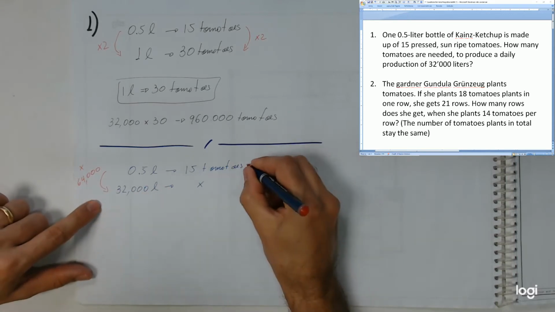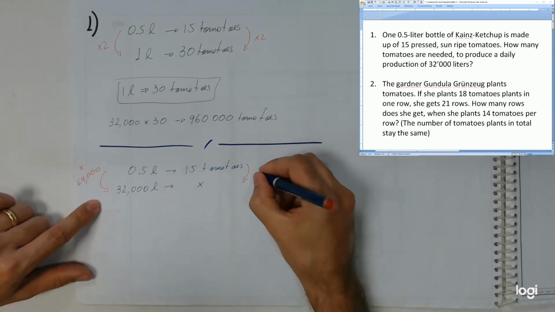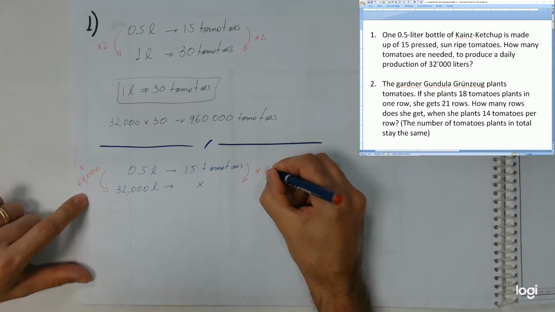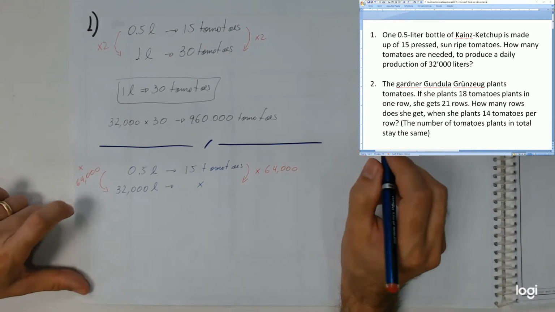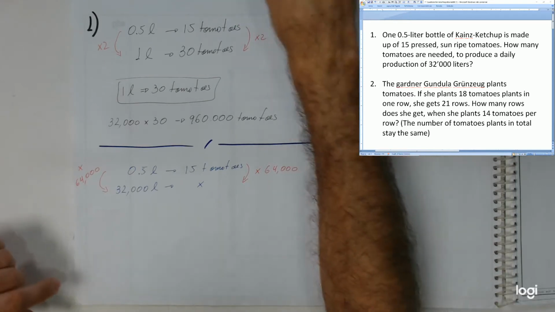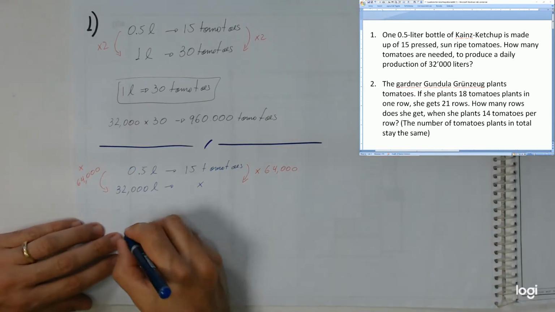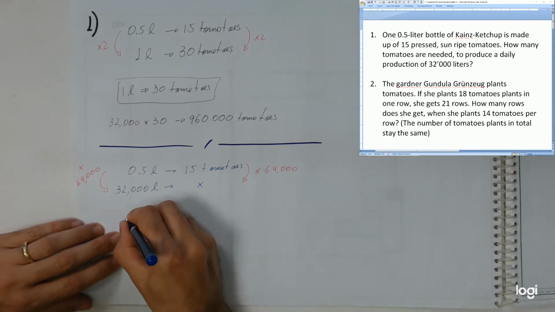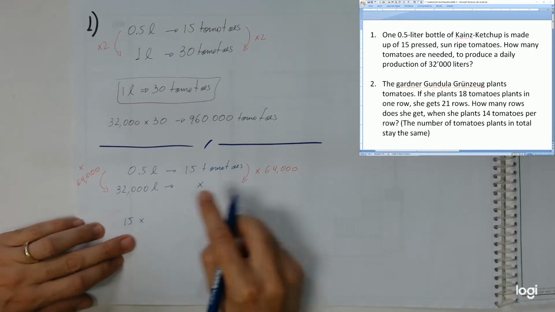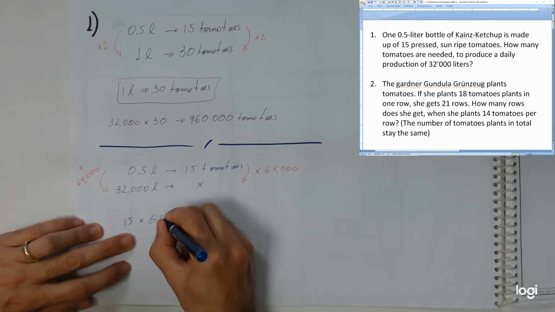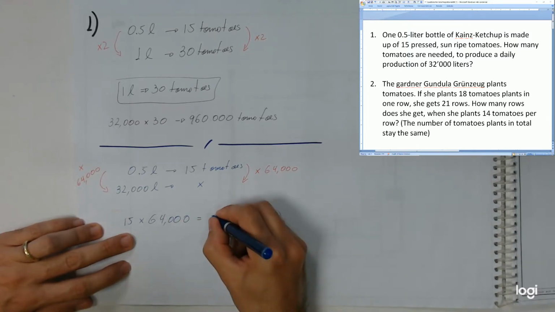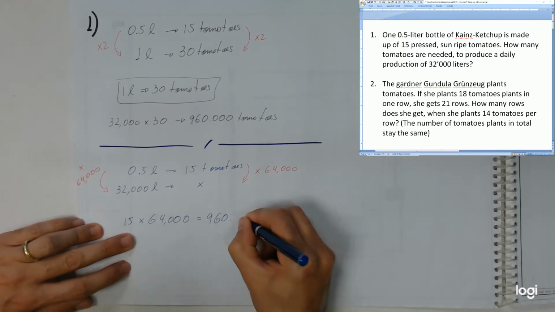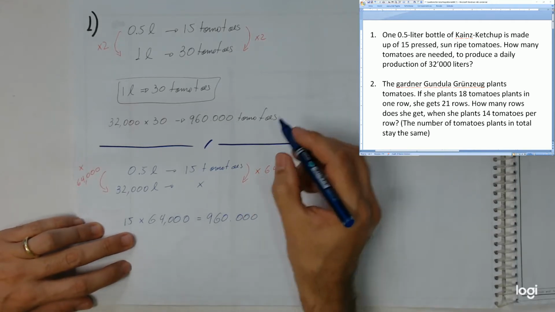If this is the ratio that I multiply, I also have to multiply by 64,000 on this side. Therefore, the other way to solve would be this, okay? 15 tomatoes times the factor, 64,000, and this is also 960,000 tomatoes.